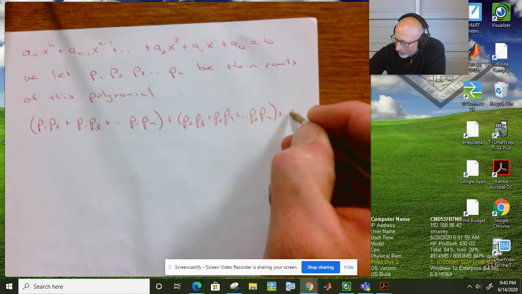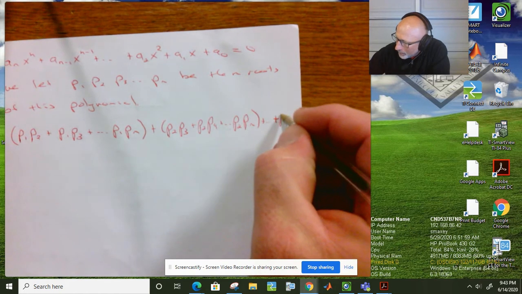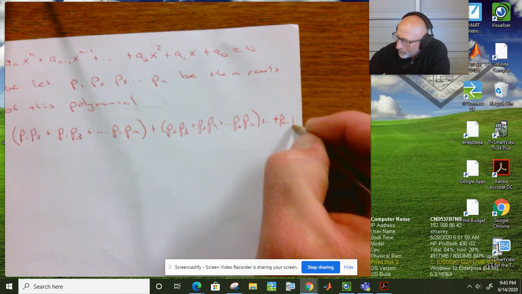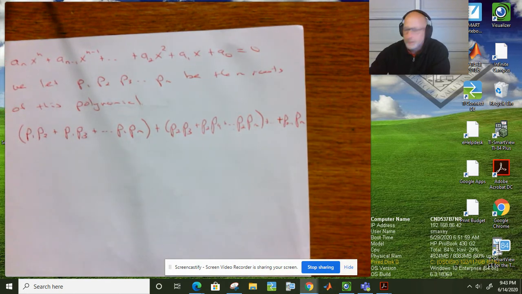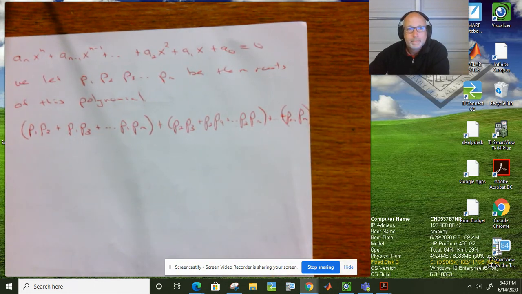Now what's going to be the last one? We started at P1 and did all the rest, then went to P2, did the rest, and P3 do all the rest, P4 do all the rest. The last thing you can have there then is P of n minus 1 times P of n. That's the last one that can take place there. Okay?